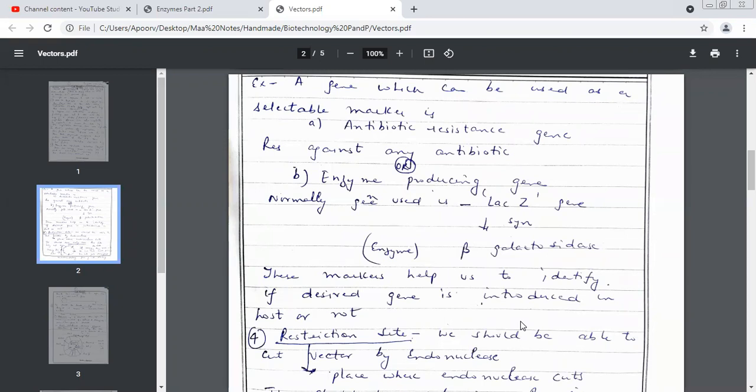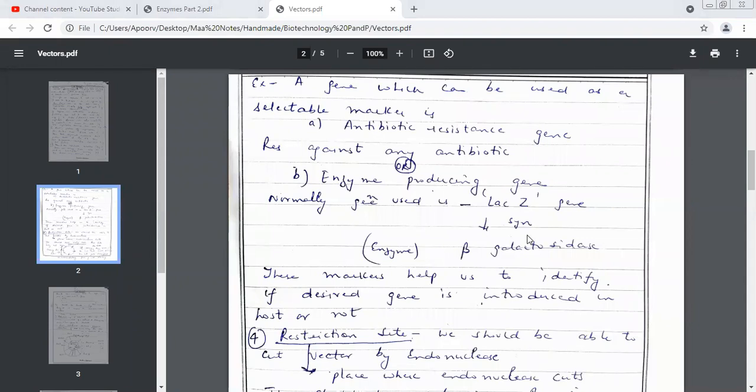What is the name of the gene which generally is used to test? LAC-Z gene. And whenever this gene goes into an organism, it will start producing which enzyme? Beta galactosidase.